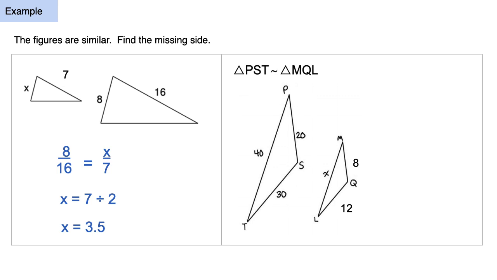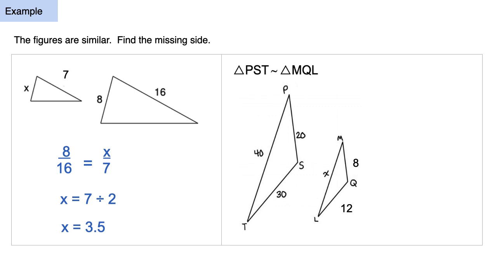But then I look at the other corresponding sides and I don't really see a relationship. I don't know off the top of my head 8 times what is 20. I don't know off the top of my head 12 times what is 30. But I do see in the large triangle, there is a relationship between the longest side 40 and the shortest side 20. 40 is double 20, right?